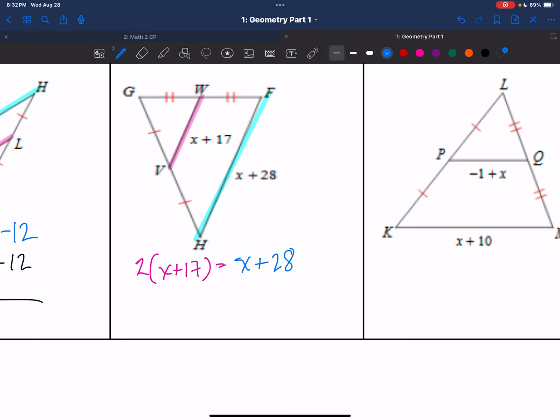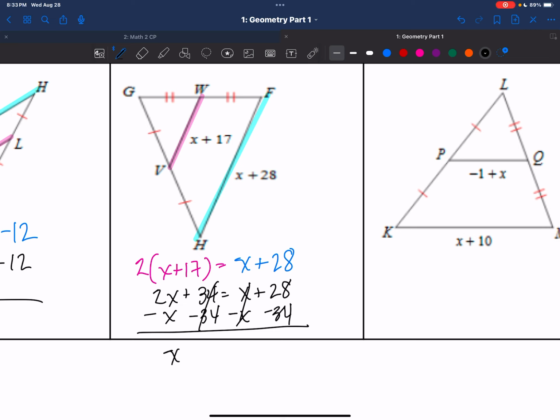Don't forget to distribute, and then go ahead and finish solving. And it is negative 6 for your answer.